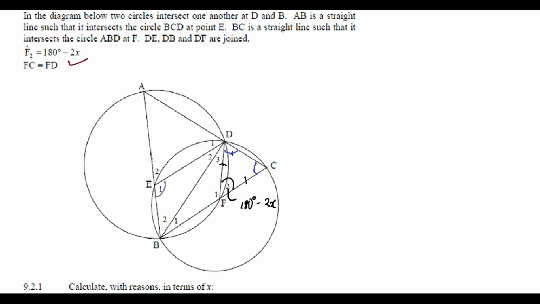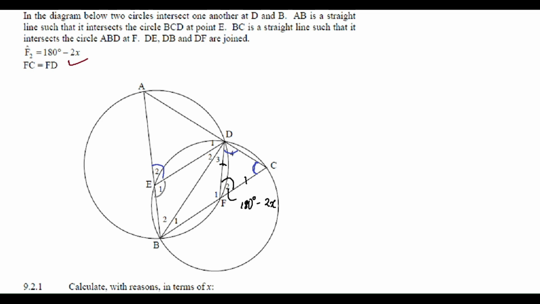cyclic quadrilateral? We know that this angle is going to be equal to angle E2. Your reasoning: you are going to say the exterior angle of a cyclic quadrilateral is always equal to the opposite interior angle. So what else can we note?